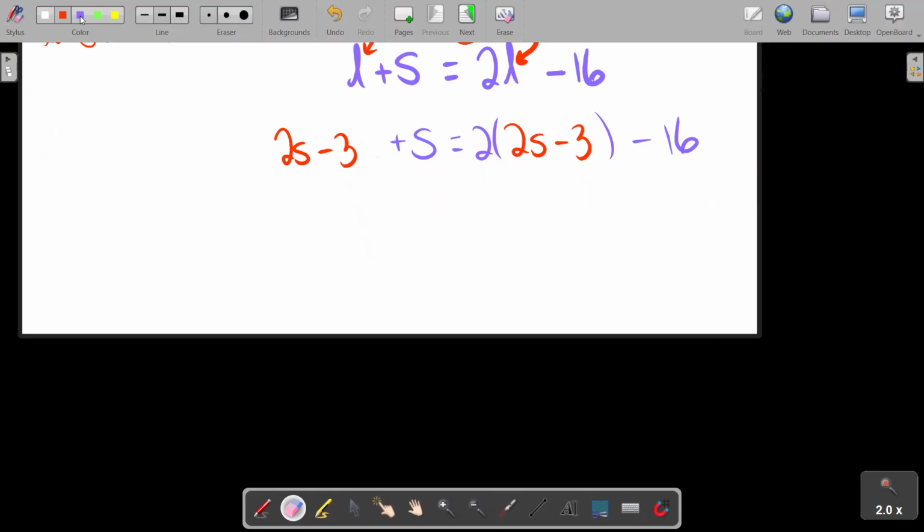I could do a little work while I'm here. What is that going to equal? My left side. Perfection. 3s minus 3. What is the answer to this green arrow? 4s.